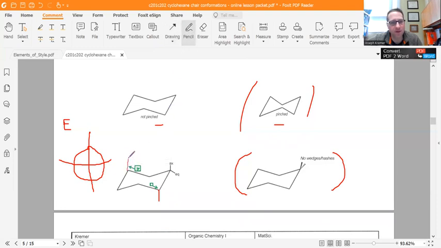So I'm putting in all the axial bonds. Axial, guys, is straight up or straight down. The axial position is 100% fully up or 100% fully down. Vertex points down, axial points down. Vertex points up, axial points up.